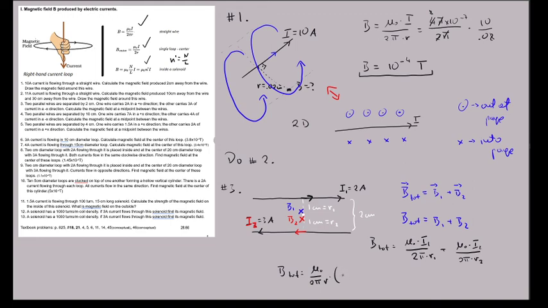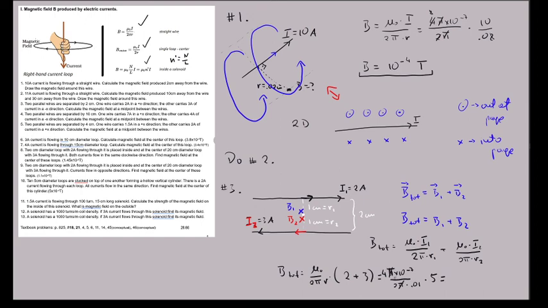I1 was 2 amps, plus the second one, 3 amps. I'll plug in the numbers: this is 4 pi times 10 to the minus 7th, divided by 2 pi times 1 centimeter, which is 0.01 of a meter, and then times 5. Oh, look at that, I forgot pi. There should be a pi here: 4 pi 10 to the minus 7th.